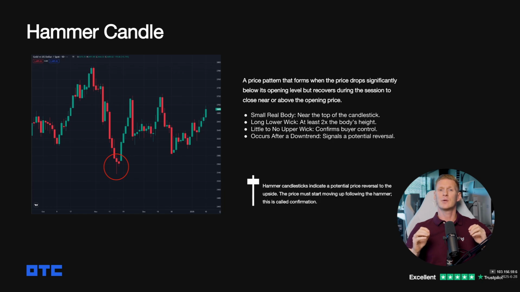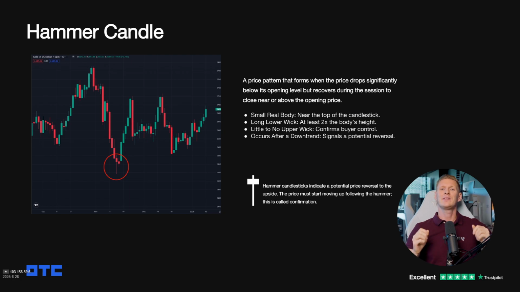Its key characteristics include forming after a downtrend, a small body showing minimal movement between open and close, and a long lower wick, at least twice the size of the body. The close can be slightly above or below the open, but the body must remain small.